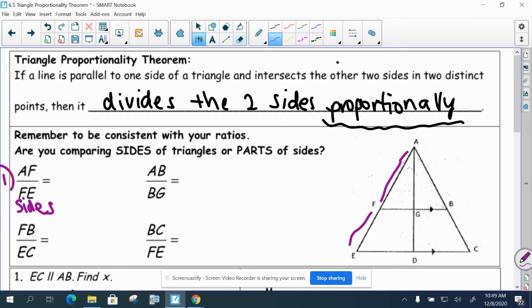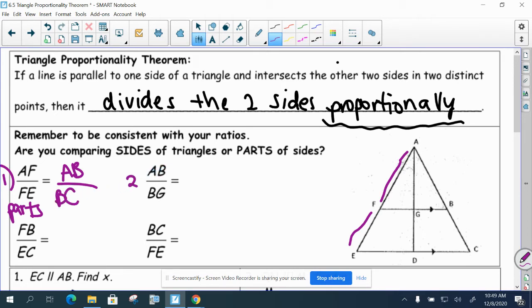You're comparing the parts of the triangle, not the sides, because FE isn't the side of any triangle, it's just a part of the larger triangle. So we would then compare it to the parts over here. AF corresponds with AB, and then FB corresponds with BC.